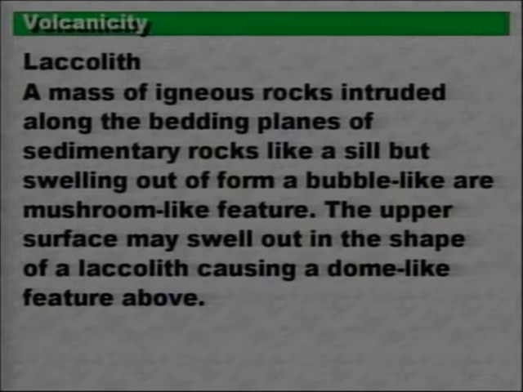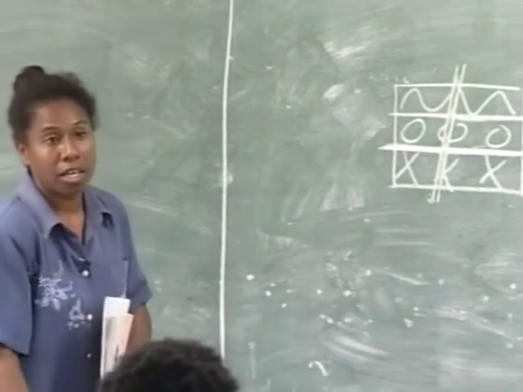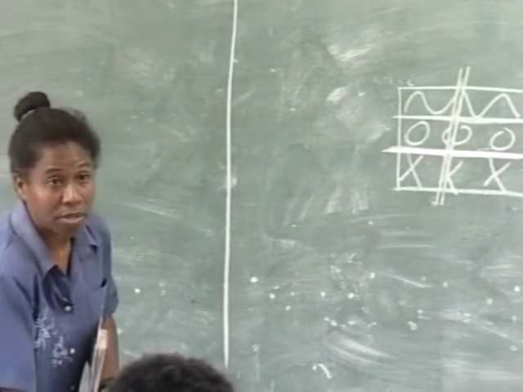Note, a mass of igneous rock intruded along the bedding planes of sedimentary rocks, like a sill, but swelling out to form a bubble-like or a mushroom-like feature. So you see the intrusion of magma along a bedding plane will give us a sill. But if there is a bubble-like intrusion or a mushroom-like intrusion, then that feature becomes a Laccolith.